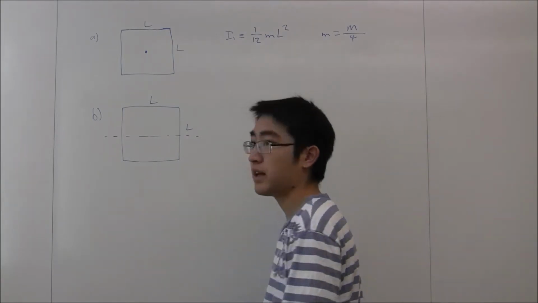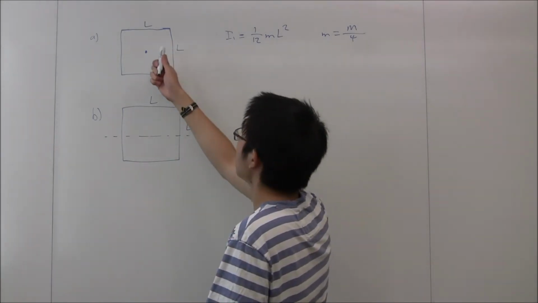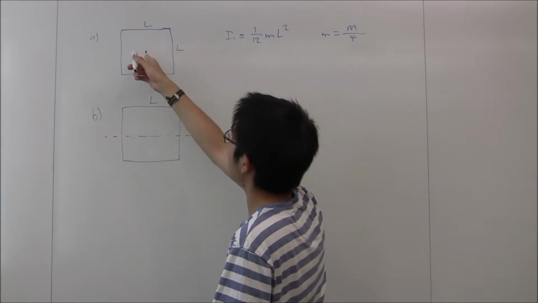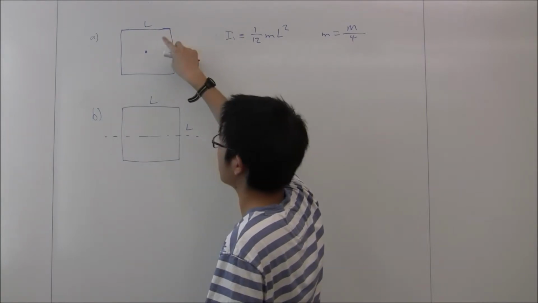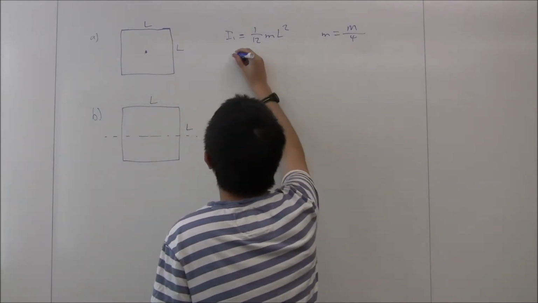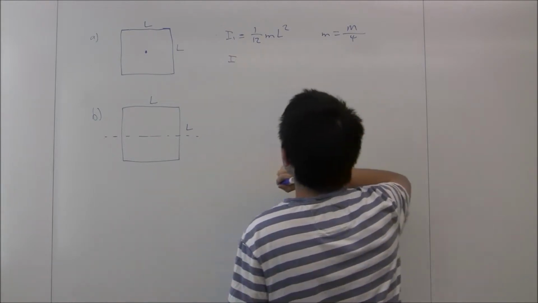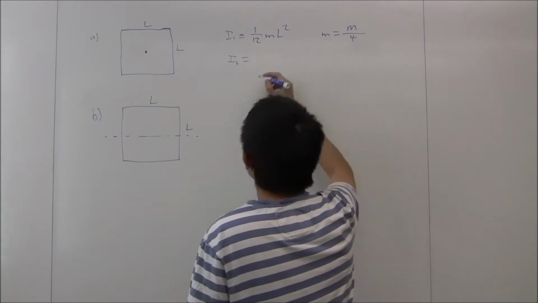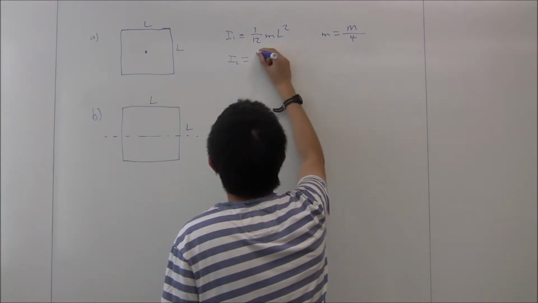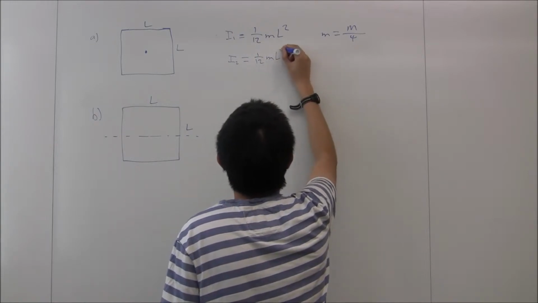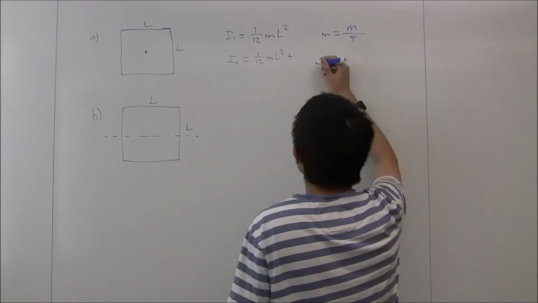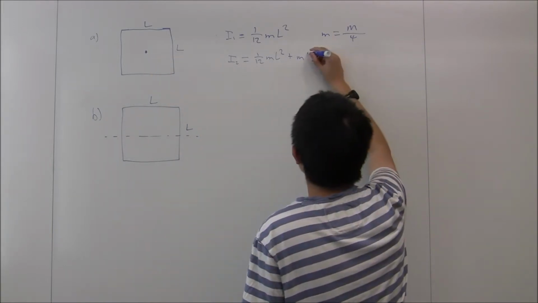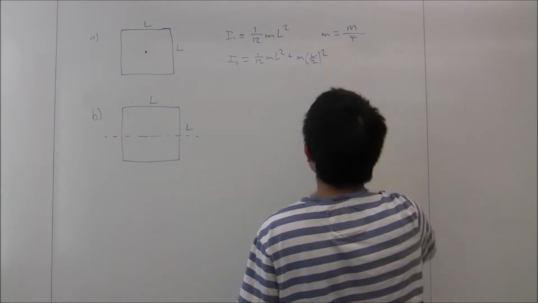Now, by the parallel axis theorem, if we move the axis a distance L/2, so we have that each of the side lengths is a distance L/2 from the center, then that means that the moment of inertia is going to be given by I1, which is 1/12 m L squared, plus m times the distance that the axis moves, which is L/2, all squared.